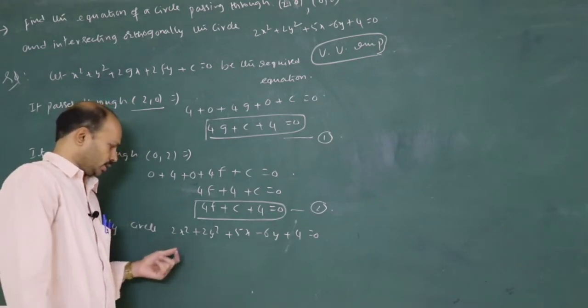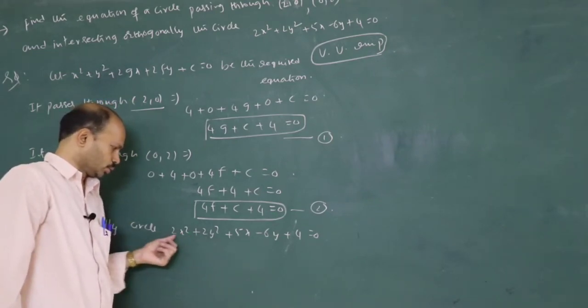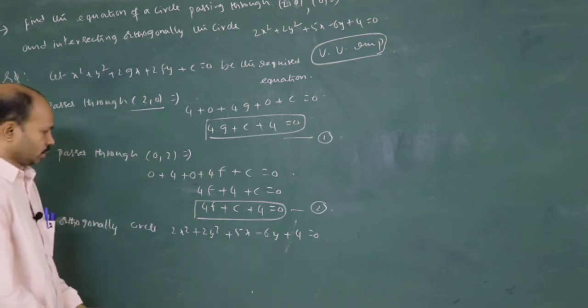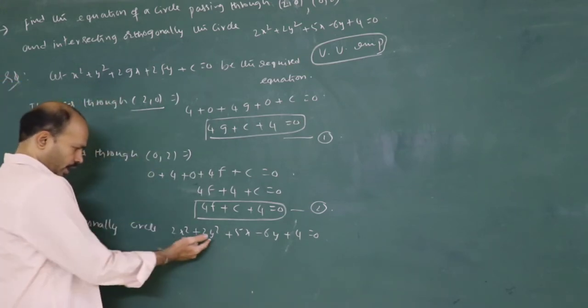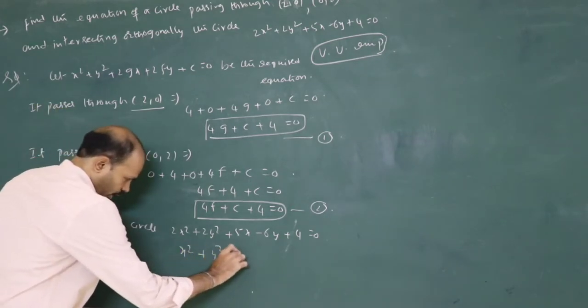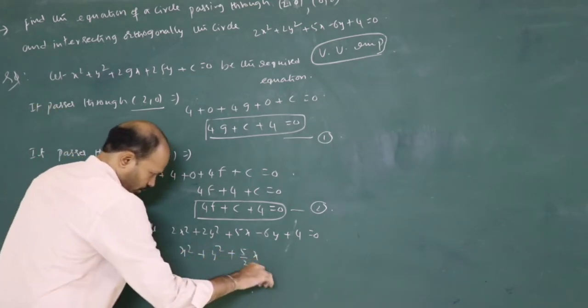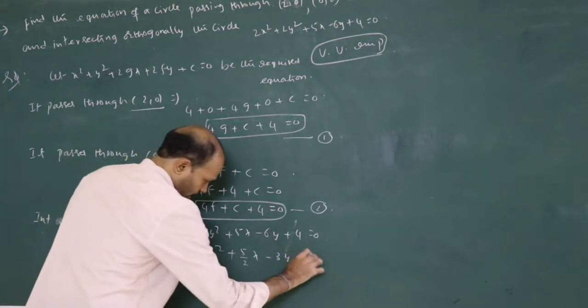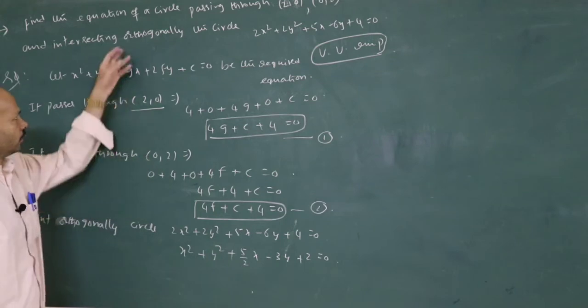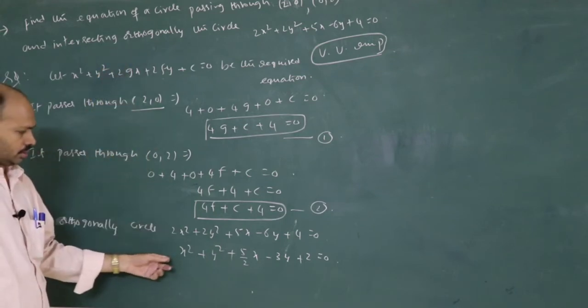Before applying the condition, you have to consider these two coefficients and the previous general equation, they must be same. To get them the same, divide by 2 for getting standard form. x square plus y square plus 5 by 2 x minus 3y plus 2 is equal to 0. Now, the given equation intersects orthogonally with this.